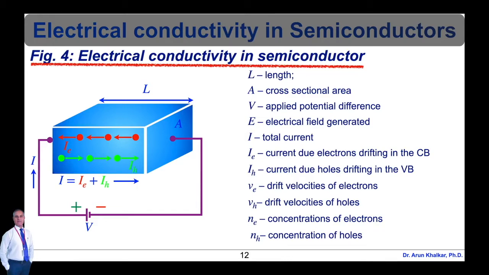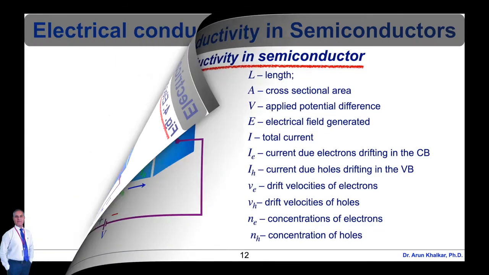Therefore, the electric field exists along the x direction. The field accelerates electrons, that is conduction electrons, along the negative x direction and holes along the positive x direction. They start moving with a constant velocity, which is called drift velocity.